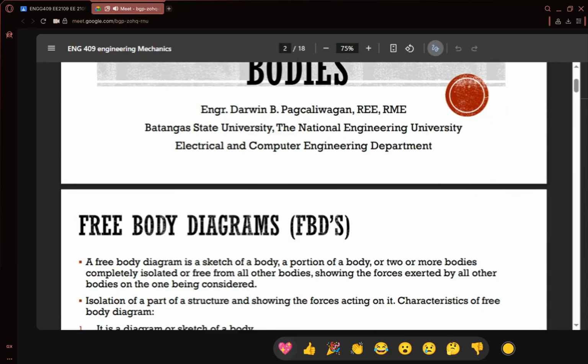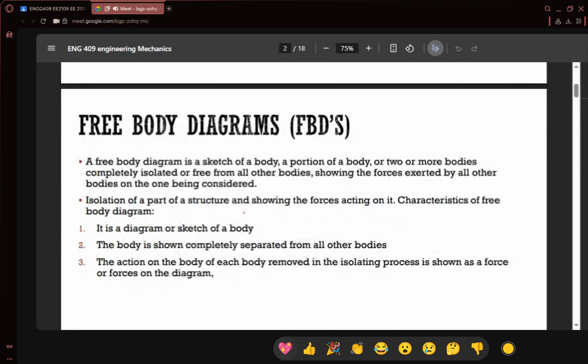Although this might just be some introduction since it's less than 15 minutes before time. So we have free body diagram. This is what I've mentioned before, so you will need to review or relearn or refresh your learning about free body diagram.